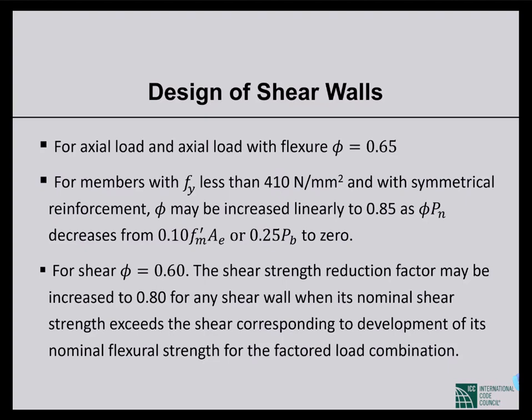The phi value is quite low, 0.65, but we can take higher values if the axial load is less. For Fy less than 410 megapascal, that is not for 60 grade or higher grade steel. For higher grade steel, we have to go for phi equals 0.65.